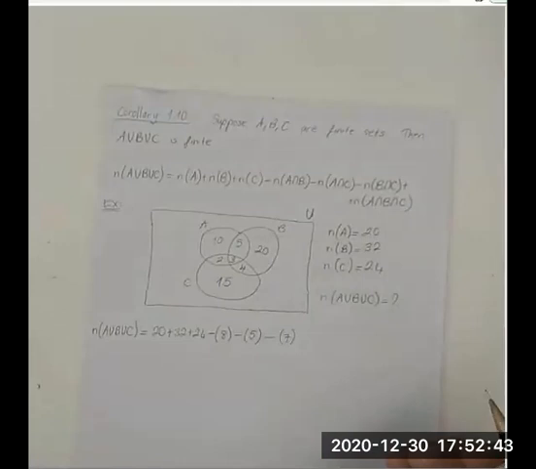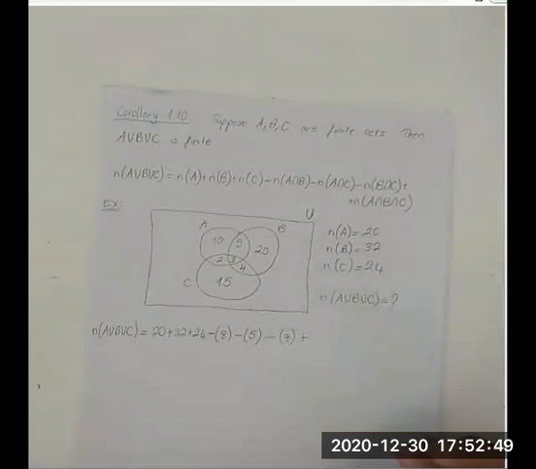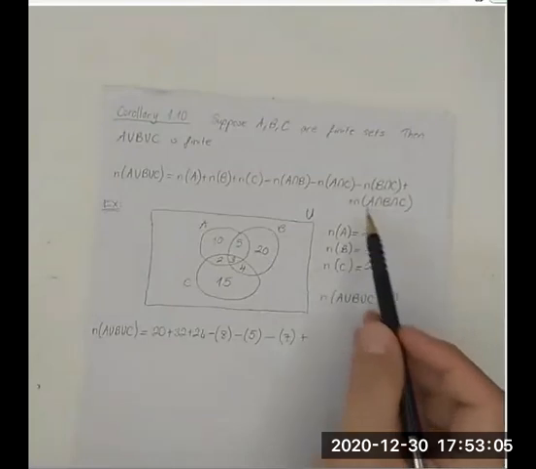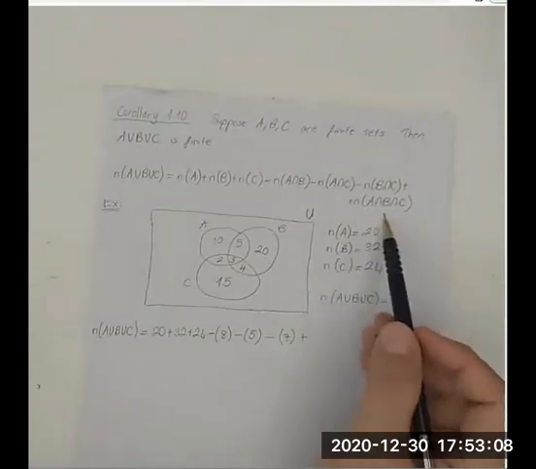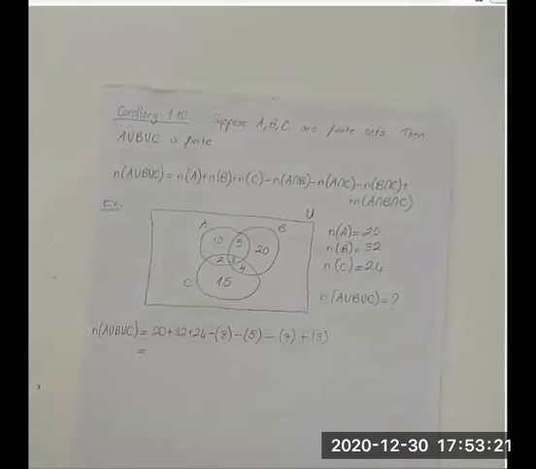Then what should I add here? 3, because of A intersect B intersect C. I have to add 3 here. So I will get 59. I think 59.